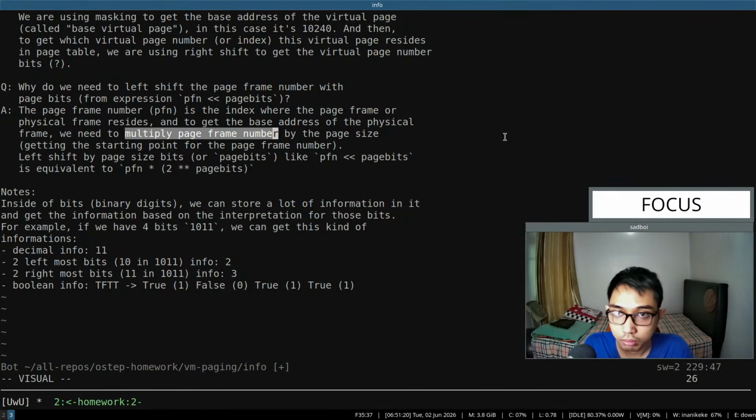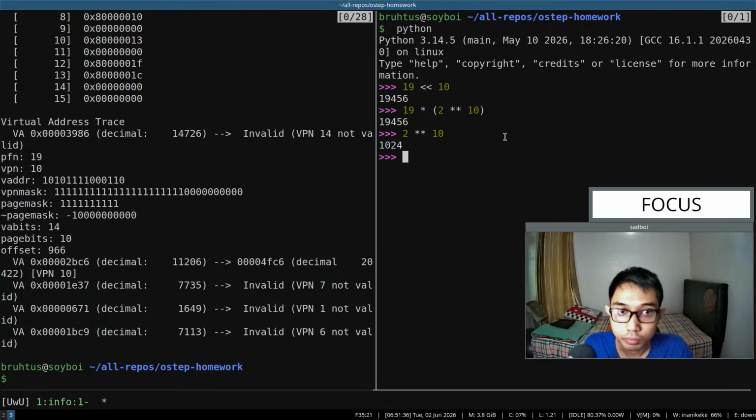Why do we need to multiply the page frame number by the page size? I assume it is something like getting the starting point for the page frame number.